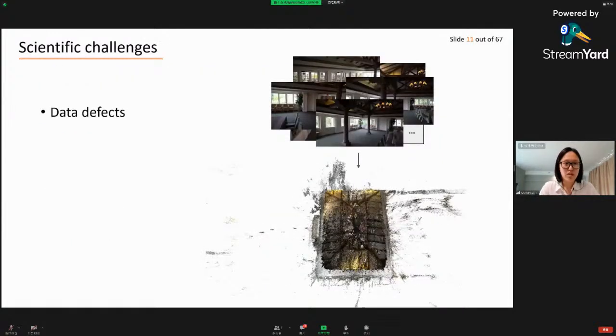Overall, reconstructing compact models of structured scenes from low-cost image data is a challenging task. It poses several scientific challenges. The first is to deal with defects in the low-cost data. Images captured from the real world are often corrupted with noise and blur.